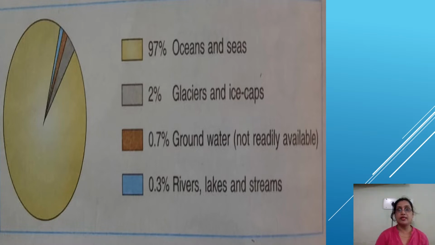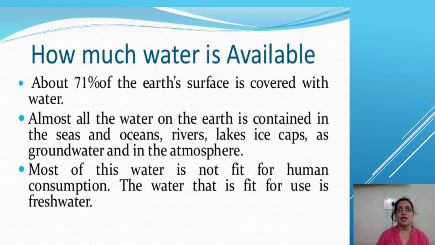Let's move to the next slide. And how much water is available? Just now we have seen that about 71% of the earth's surface is covered with water. When we are talking about the whole water, that is 97% is salty water, but of the whole surface of earth, 71% is covered with water.